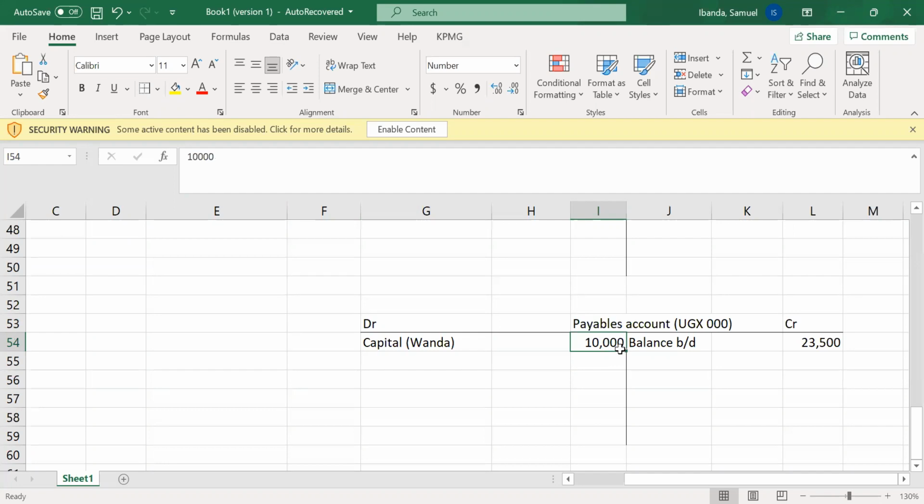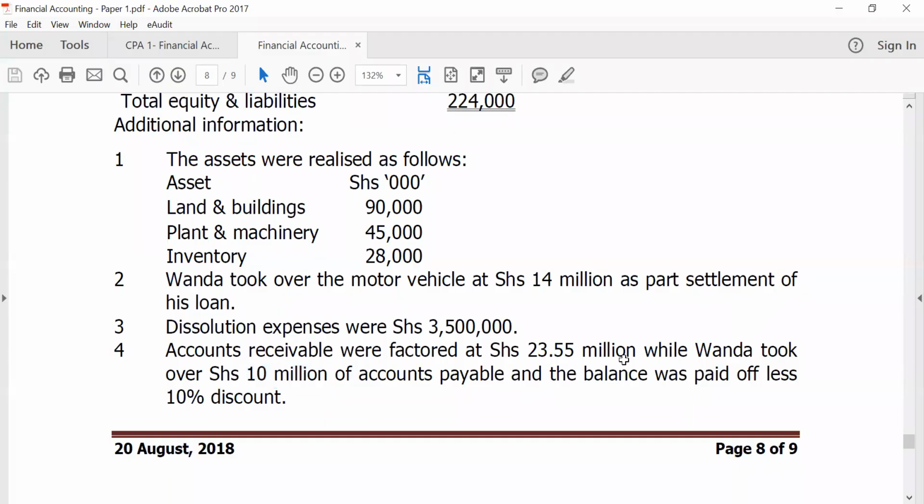And then they tell us that the balance was paid off less a 10% discount. Now, when a partner takes on accounts payable, it means these accounts payable will later be paid off by this partner, maybe at their due date. That is what exactly happens. So you're basically taking on an obligation to pay it back on behalf of the partner.